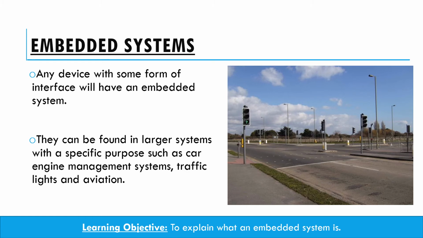Embedded systems can be found as a part of larger systems which have a very specific purpose. Things like car engine management systems, which are becoming increasingly diverse and offering more functions, traffic light systems, and aviation. Some traffic light systems also use motion detection at night to detect where traffic is coming from and change the lights into a sequence that will allow it through.